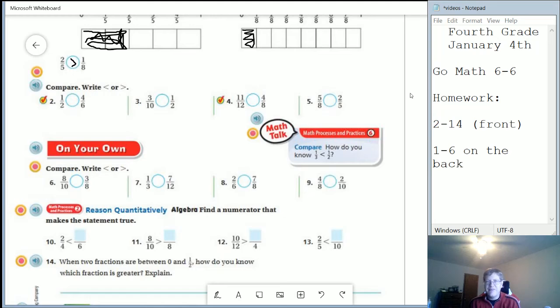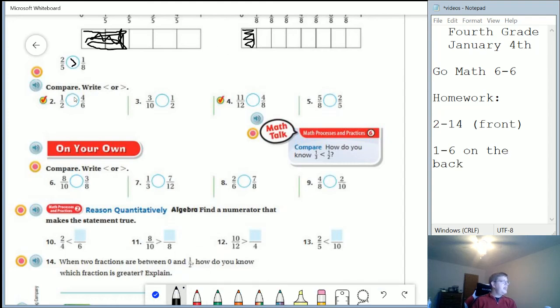So if we have 4 out of 6, we have a little bit more than 1/2, which means my right-hand side is going to be larger, and I'm going to use the less than symbol. Okay. For number 3, I would figure out what half of 10 is. If my top number is smaller than that number, then it's going to be less than 1/2.